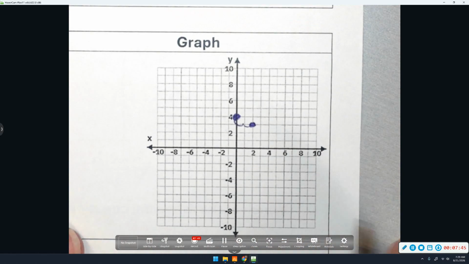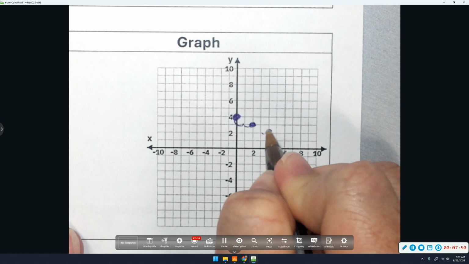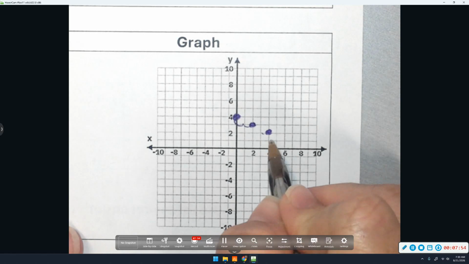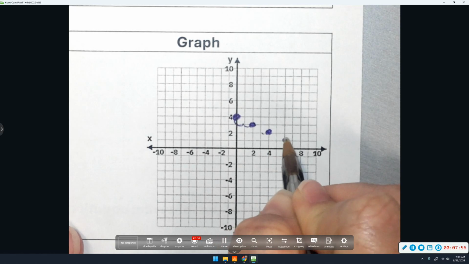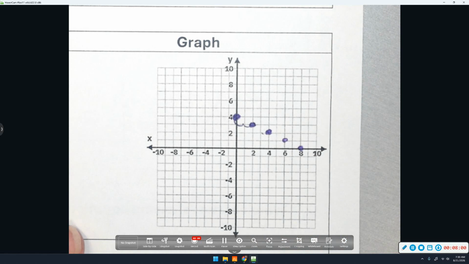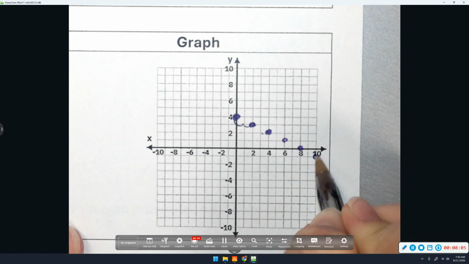Then I go down 1, right 1, 2, and put another point. Do it again, down 1, right 1, 2. I could technically go one more, down 1, right 1, 2.